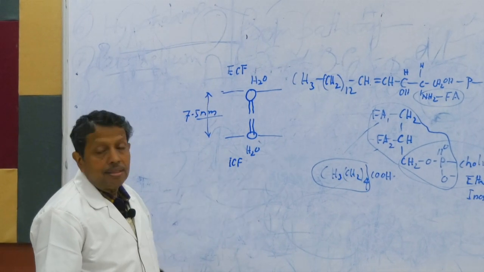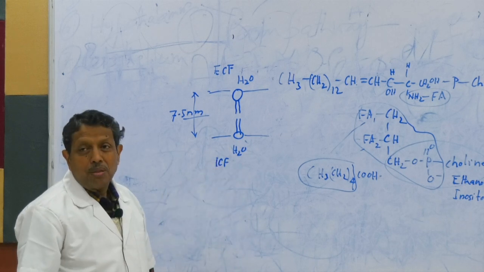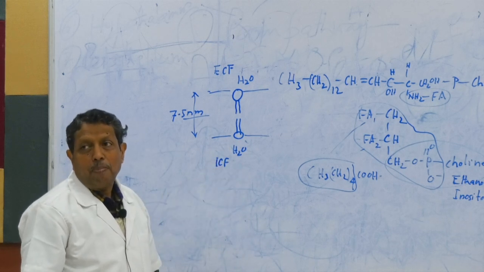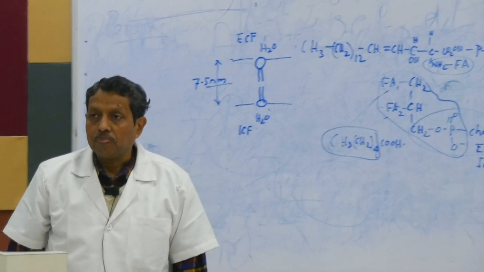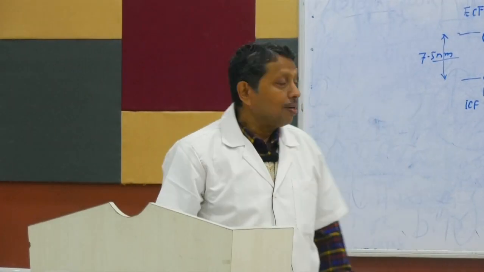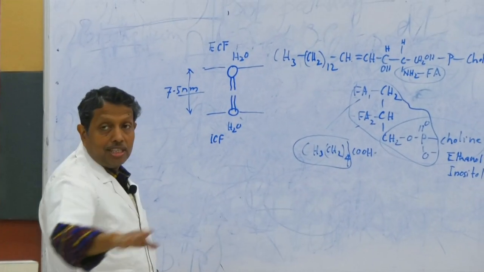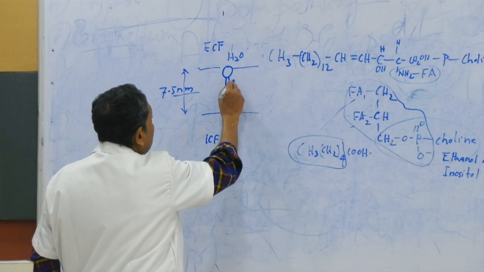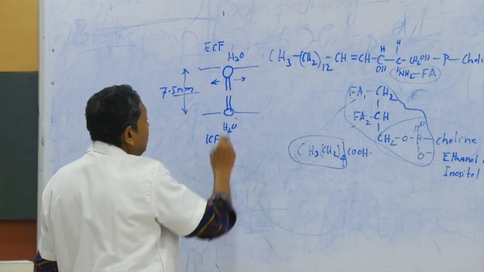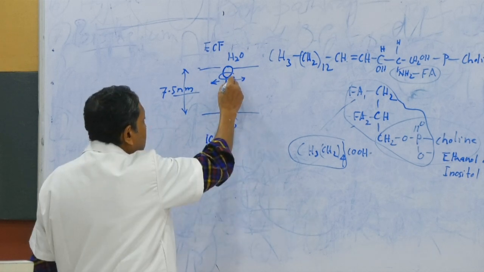And it is nature's design so that it can do its functions appropriately in different sites of the body. If you consider the two-dimensional structure, these lipid molecules can move in this direction, and they can rotate in this fashion.